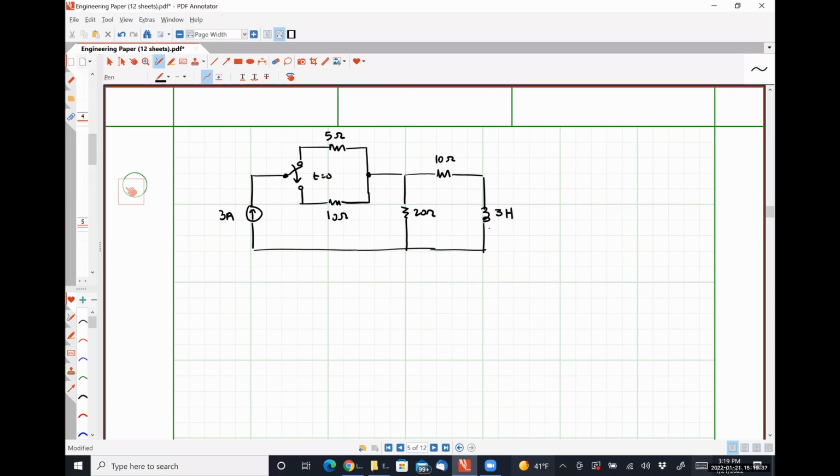And let's say that I want to know my inductor current, IL, and this resistor voltage.